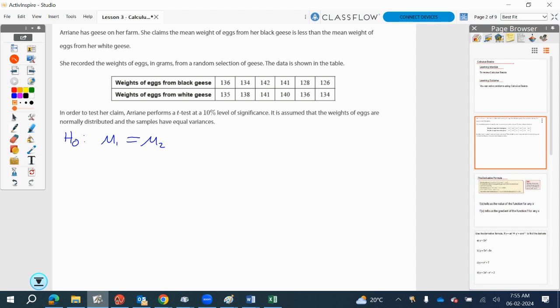So Ariane has used on her form. She claims that the mean weight of the eggs is less than the mean weight of the white. She recorded in grams from a random selection of geese.